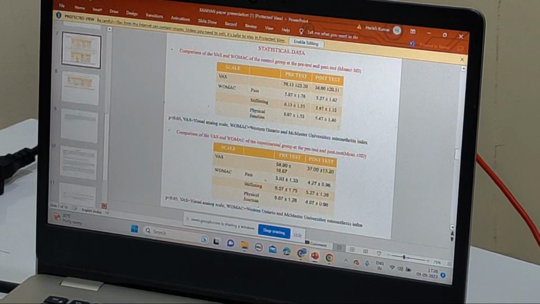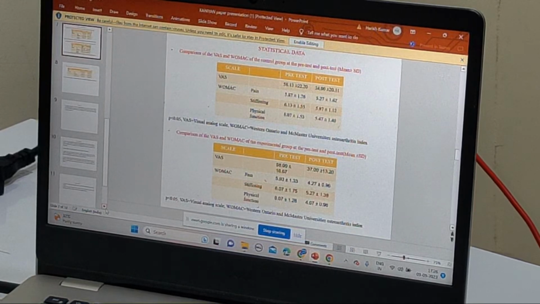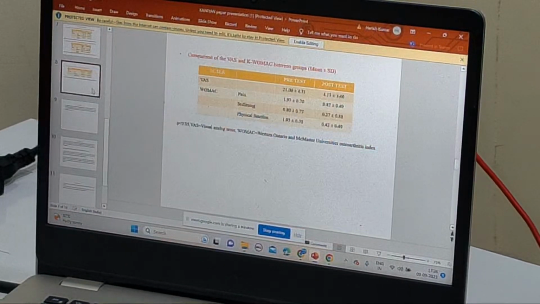This is the first data, where we compare the VAS and the patient data. The comparison of the VAS shows a P-value of 0.5.